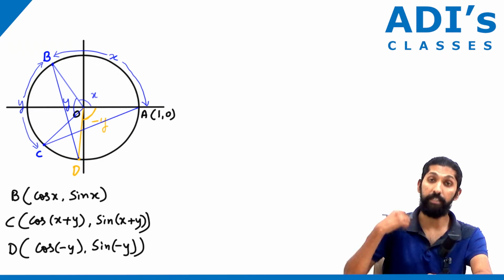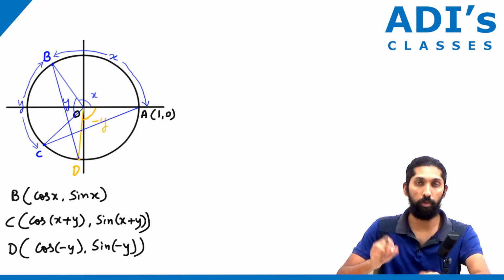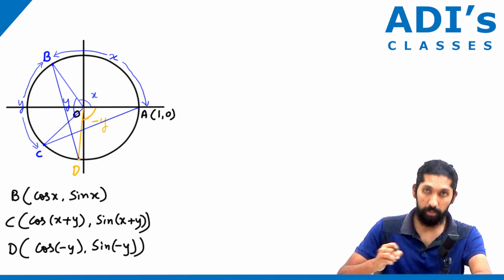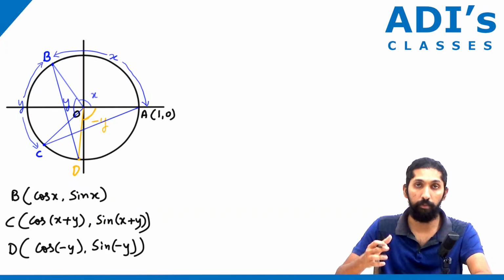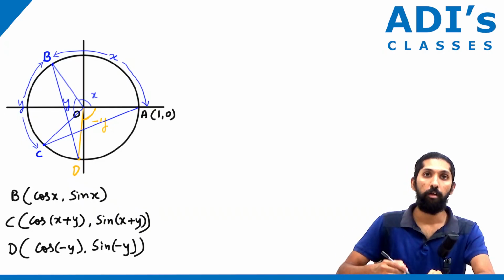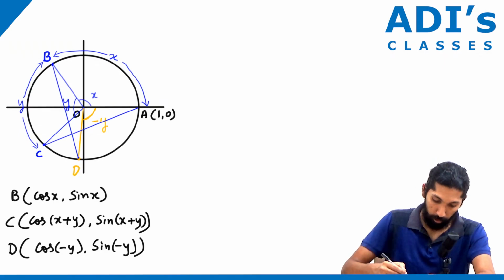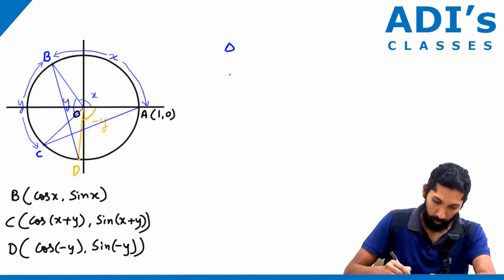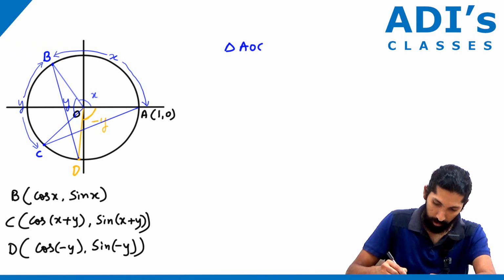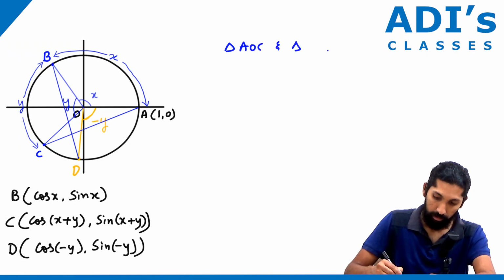Now let's derive it. Now that we know the coordinates, we'll use them to calculate. Look at the two triangles: triangle AOC and triangle BOD.